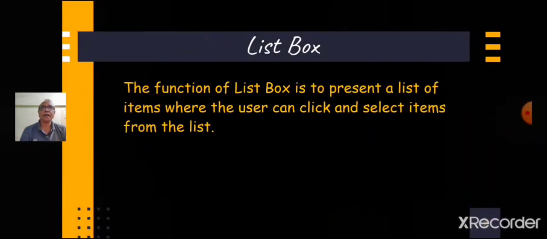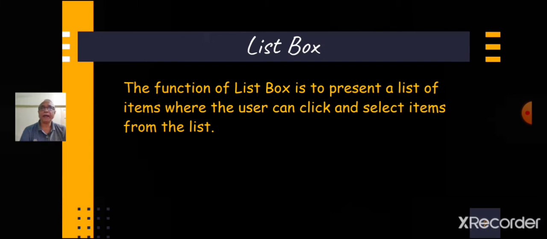Students, let us understand the function of list box. The function of the list box is to present a list of items where the user can click and select items from the list. To add items to the list, we can use the AddItem method.